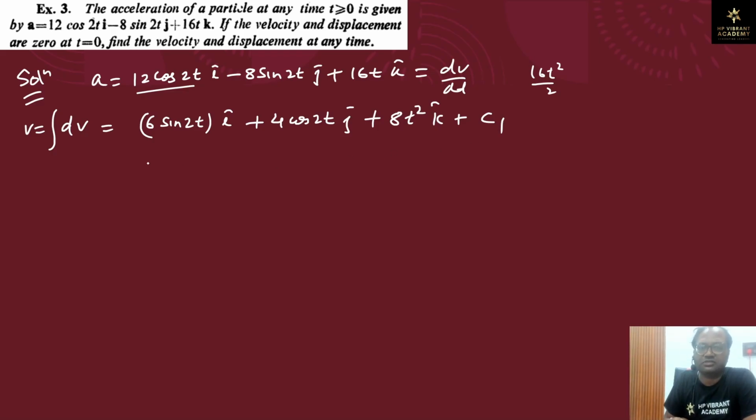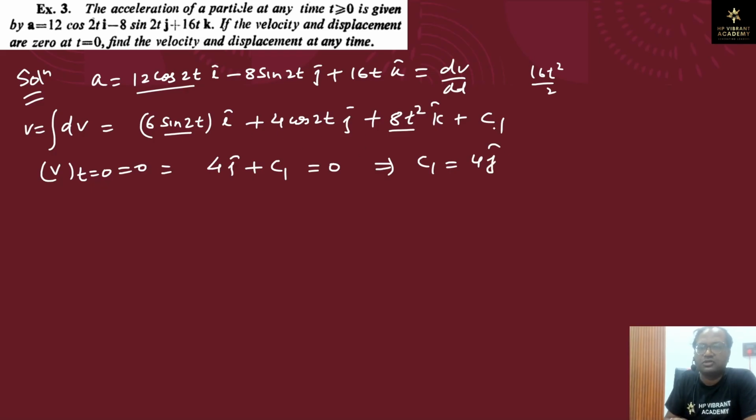Let us take this as c1. So velocity at t is equal to 0 is equal to 0. Let us put t is equal to 0. So this is 0, this is 0. So we have 4 j cap plus c1 is equal to 0. This means c1 is equal to minus 4 j cap.